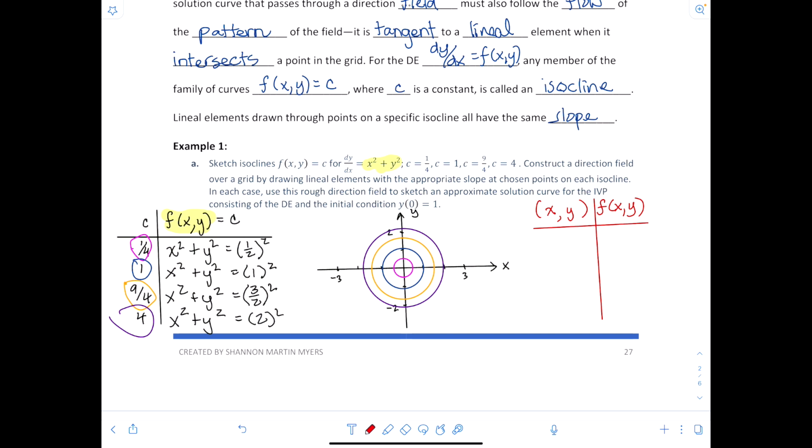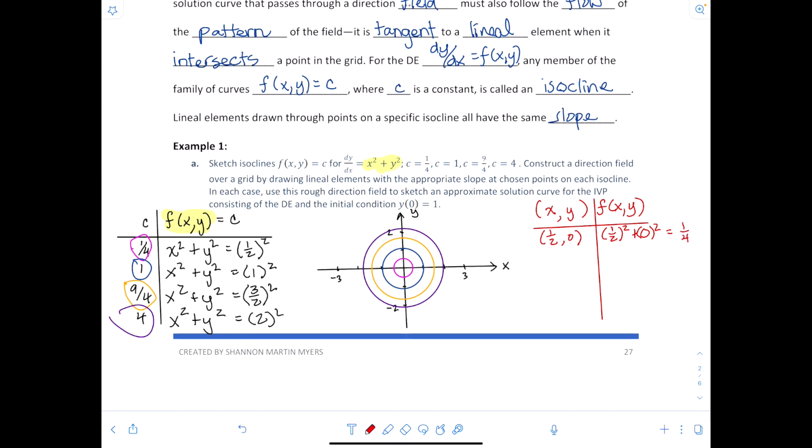So one point on the circle, the smallest one was 1/2, 0, and so f of x and y is just going to be 1/2 squared plus 0 squared, which is 1/4, right?